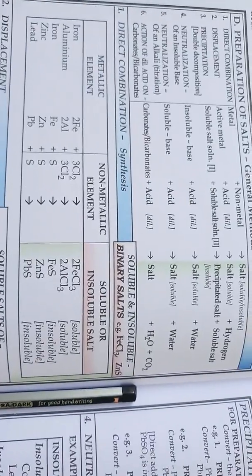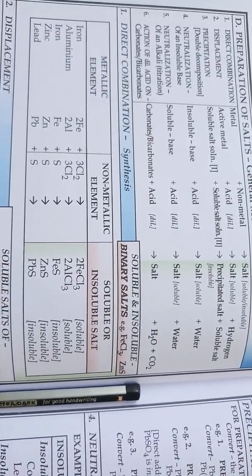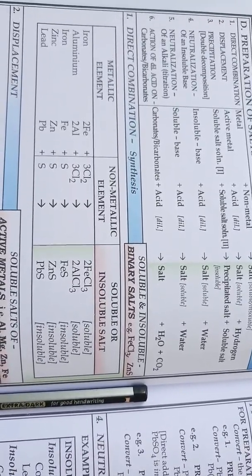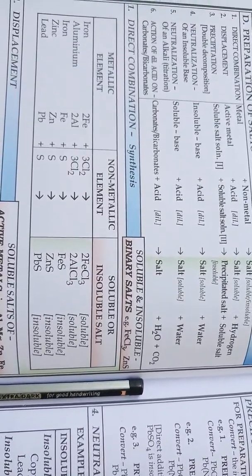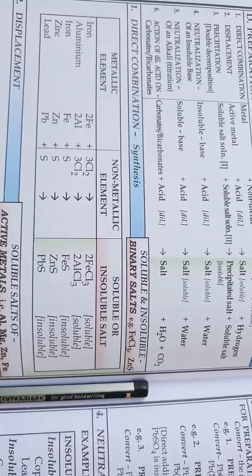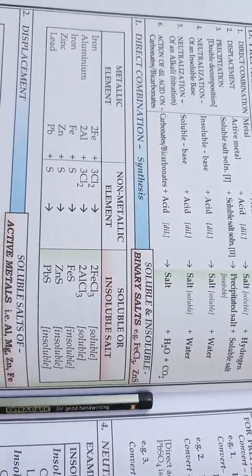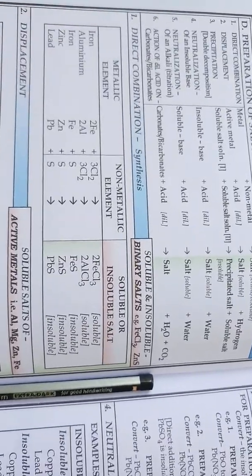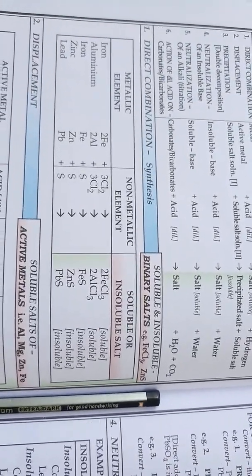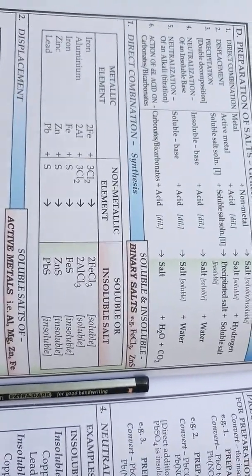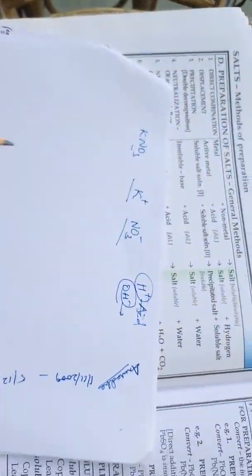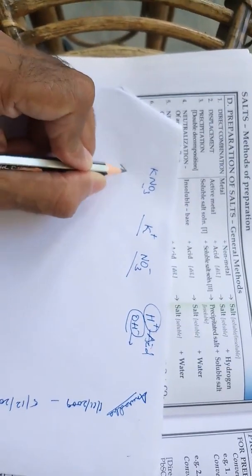Precipitation. So when a soluble salt solution reacts with the soluble salt solution of another element or compound, it prepares a precipitated salt and a soluble salt. It means it forms a new compound. So they mention in brackets double decomposition. When we say double decomposition in class 9, if you remember, I'll put a simple skeleton example.